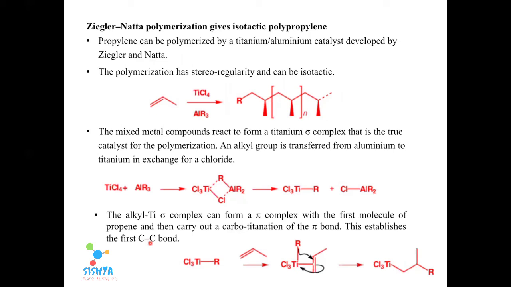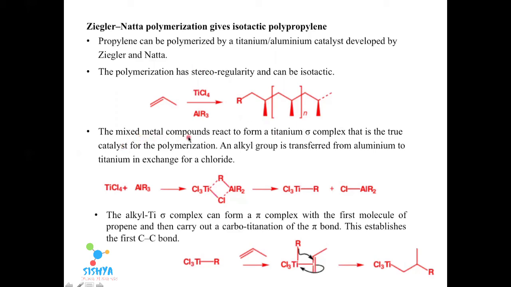The polymerization always leads to isotactic polymer, as it has stereoregularity. So if I use an alkene with the Ziegler-Natta catalyst, it will lead to the isotactic polymer, where all the chiral carbons have the same configuration, on the same side.